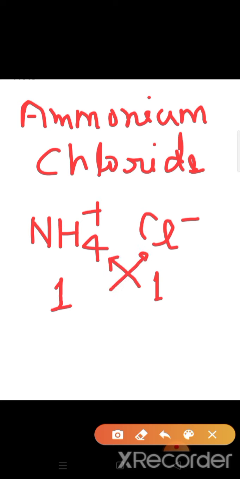Okay. Next, ammonium bromide. What is the formula of ammonium? It is NH4 positive. And what is bromide?